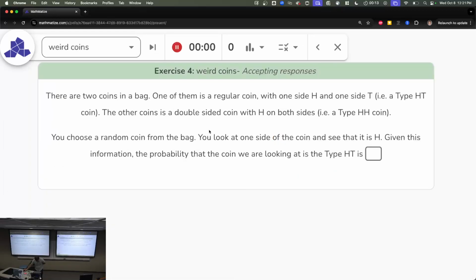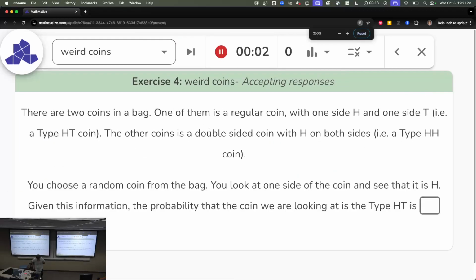Here's the coin problem. There are two coins in a bag. One of them is a regular coin. Regular coins, as you know, have one side which is heads and one side which is tails. The other coin is a double-sided coin. It has heads on both sides. So there's a type heads-tails coin and there's a type heads-heads coin. These are the two classes in this problem. You have to classify whether a given coin is type heads-tails or type heads-heads.